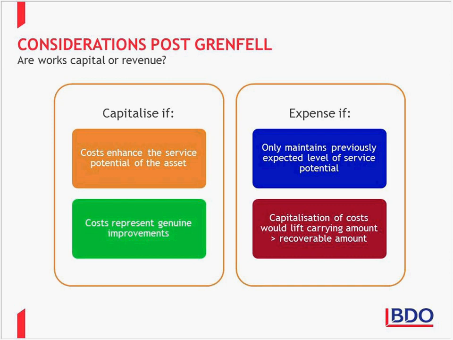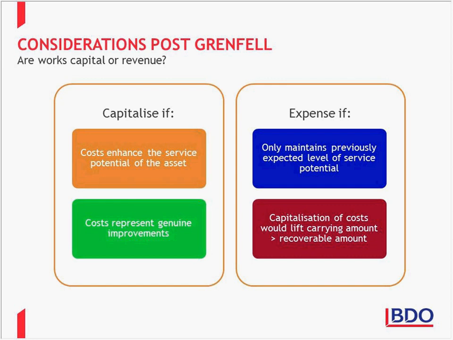The view we've taken, and I think this view is consistent across accountancy firms across the sector, is that if you already have cladding as a component, then you strip out that component and write that cladding component off to the I&E. You can capitalise your new cladding component, your improvement spend, and then in addition you do an impairment review to ensure there's no requirement for impairment against your new value.